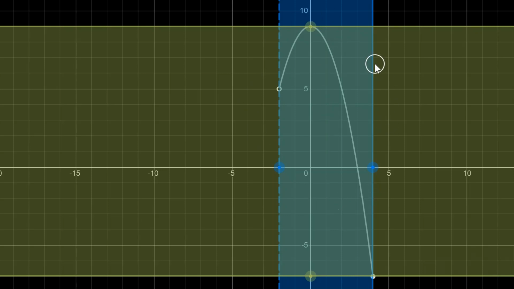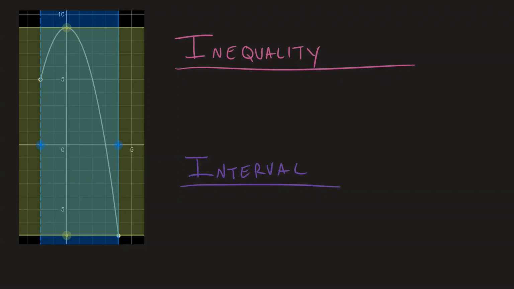So let's take this and write our domain and our range in interval and inequality notation. Okay, so as you can see, we've placed our graph in a little box. So now we can use that box to help us describe it. I'm going to draw some number lines here to help us represent our domain and range. We start off with the domain with an open point.